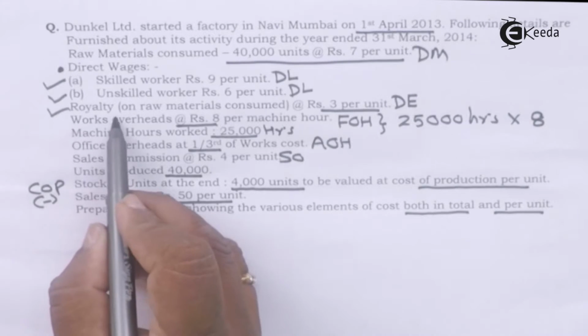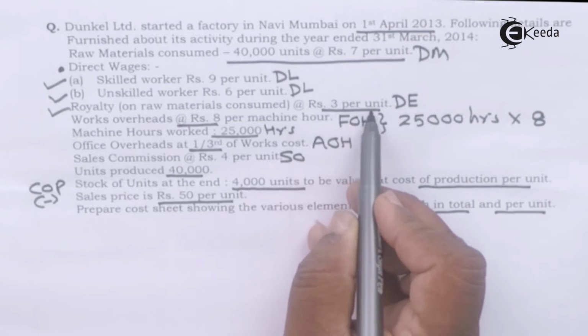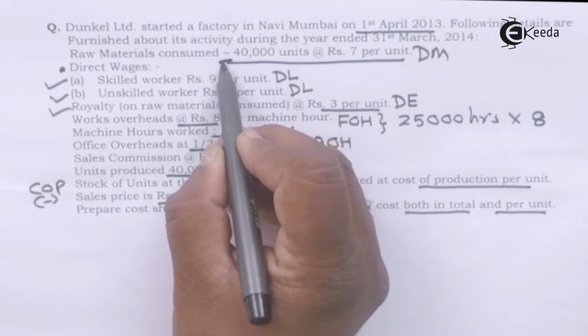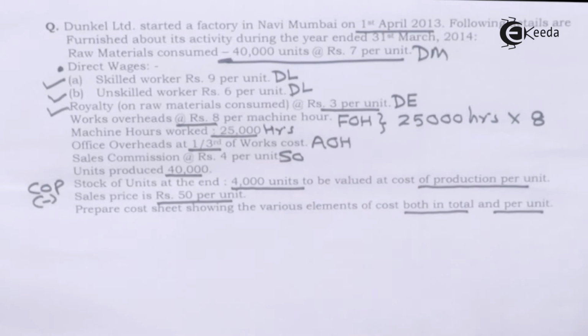Direct expense royalty on raw material consumed at the rate of 3 per unit. Raw material consumed is 40,000 units and royalty says rupees 3 per unit.